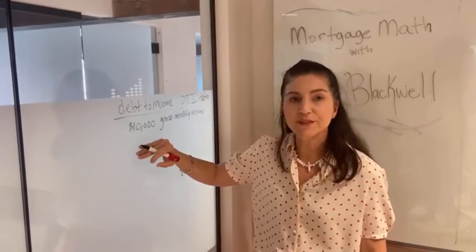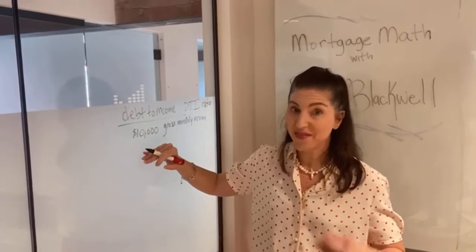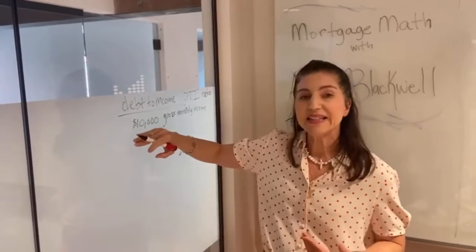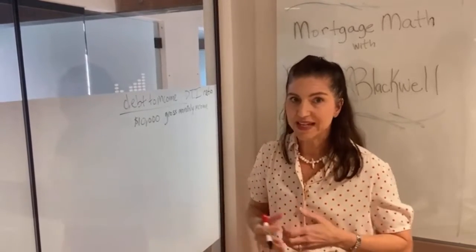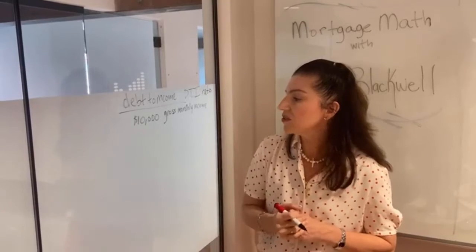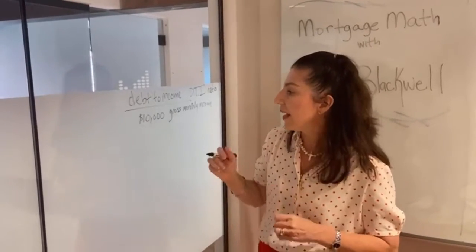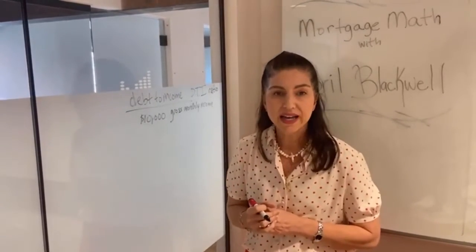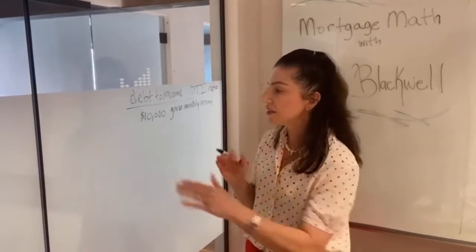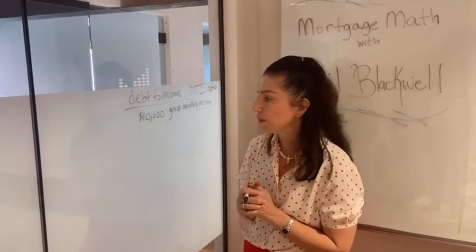I'm going to use this figure to solve for the maximum mortgage payment and loan amount that somebody making this income with my proposed debt scenario can qualify for. So let's just say at $10,000 per month, perhaps it's a two income household. They're each getting $5,000 and that's equaling $10,000 per month.